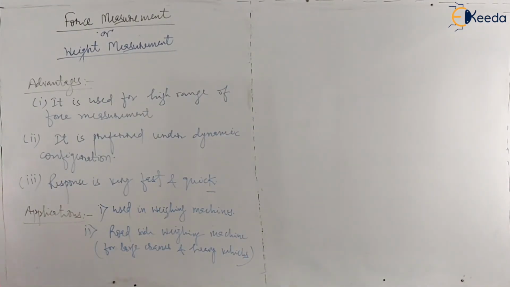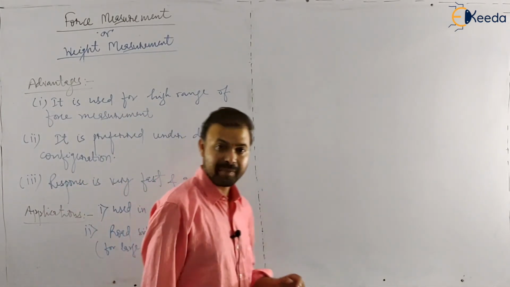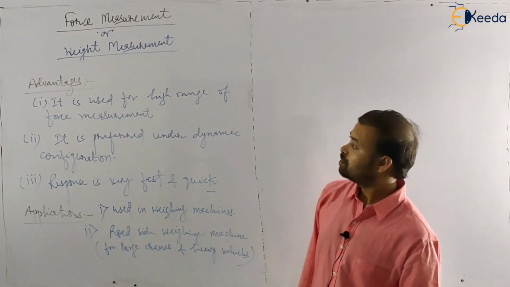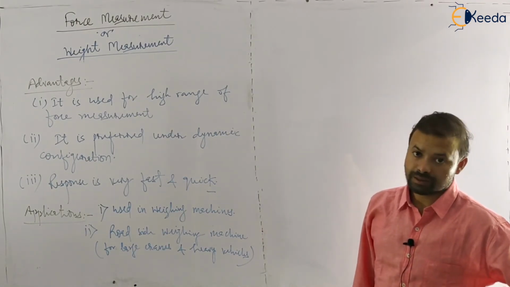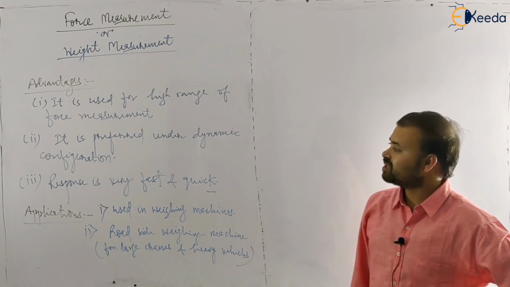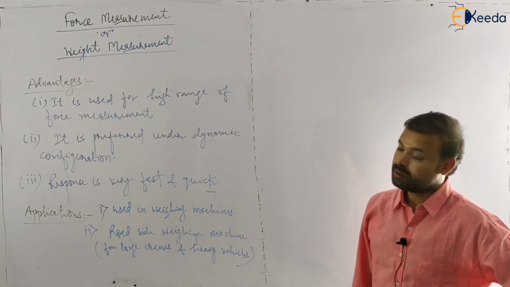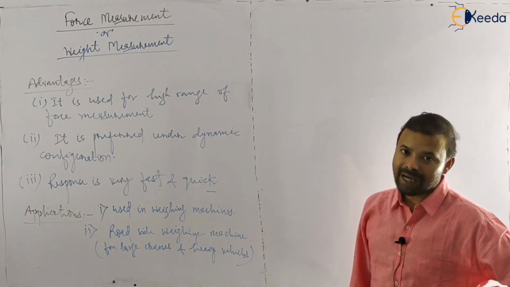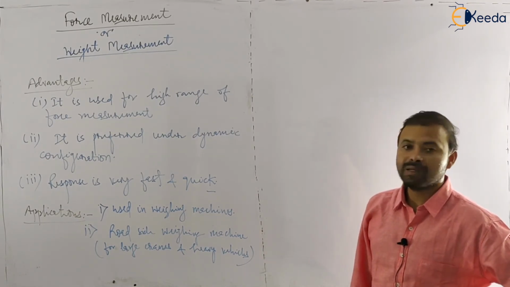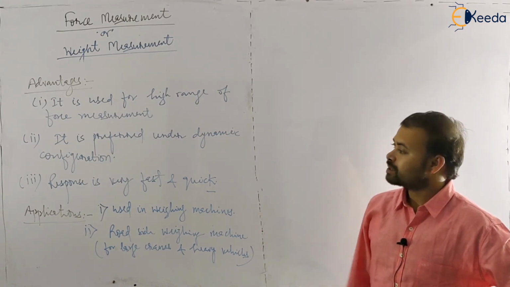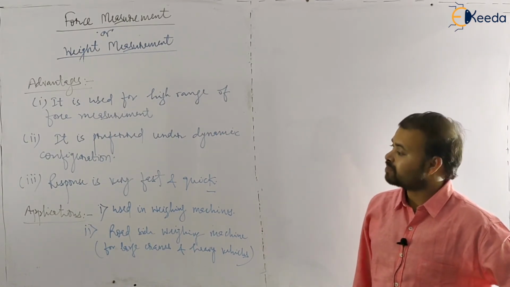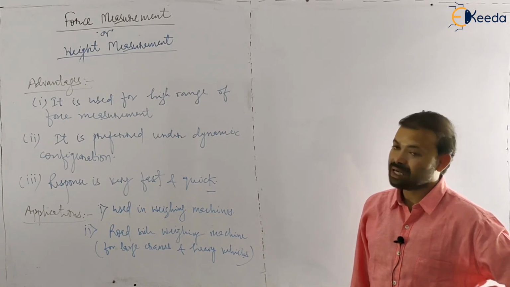Let us talk about the advantages of the strain gauge type of load cell. It is used for a high range of force or weight measurement; the range is good. Second, it is preferred under dynamic configuration. If the force applied on the strain gauge is dynamic, meaning it is changing with respect to time, then this type of load cell is preferred. The response is very fast and quick.